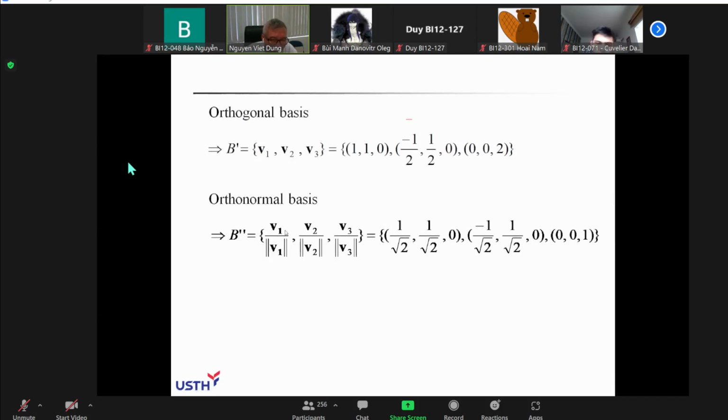Here, we divide each vector by its length. You get that one. So that one is already an orthonormal basis for R3.